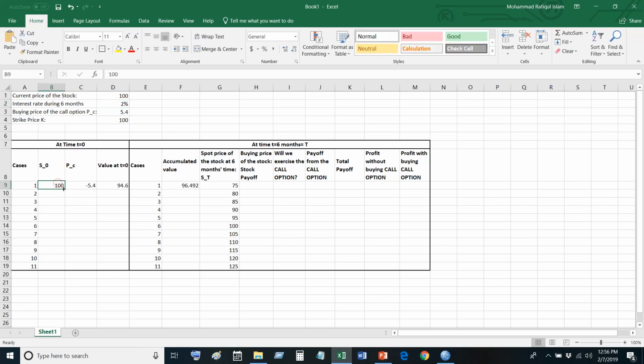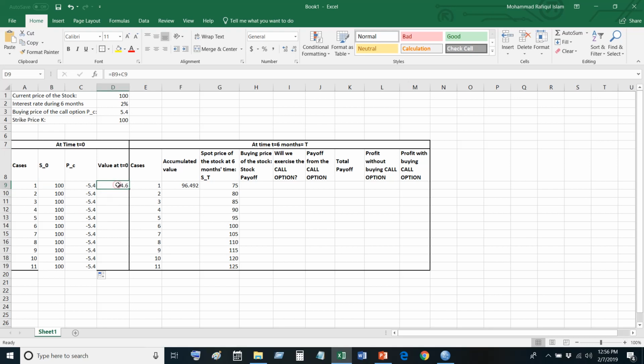So stock price $100 and buying price negative $5.4. We are putting negative because we are paying this money, and we are getting this $100 by selling our product, whether from short selling or just directly selling.